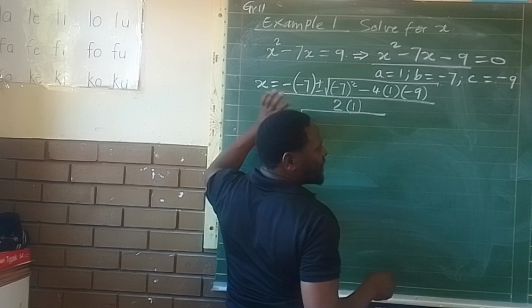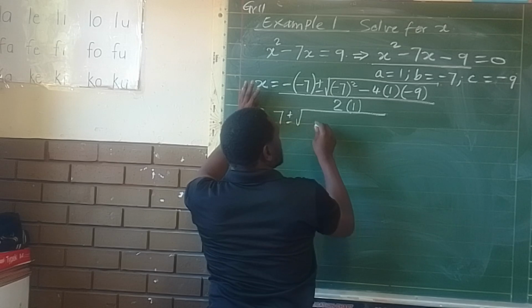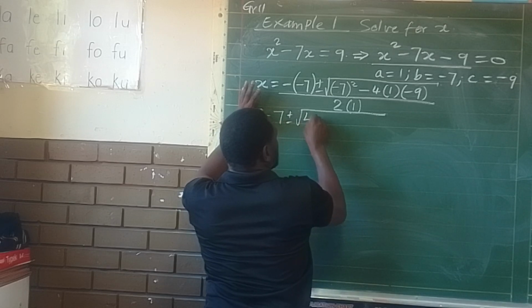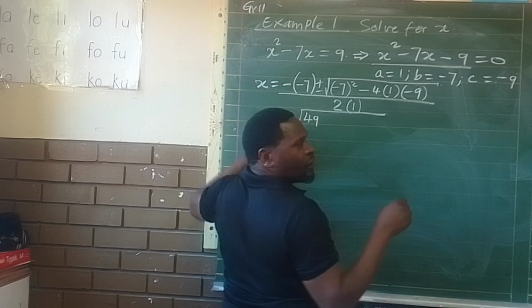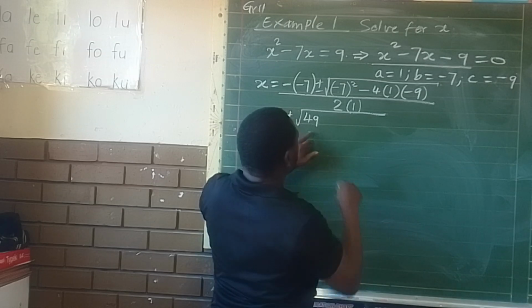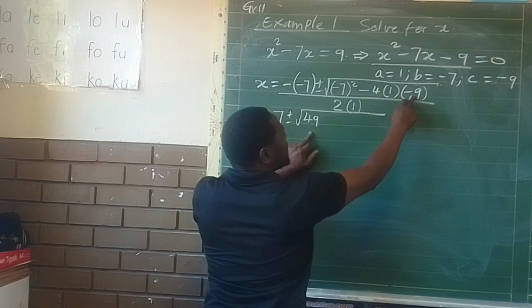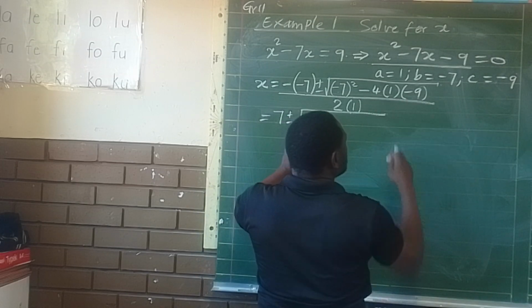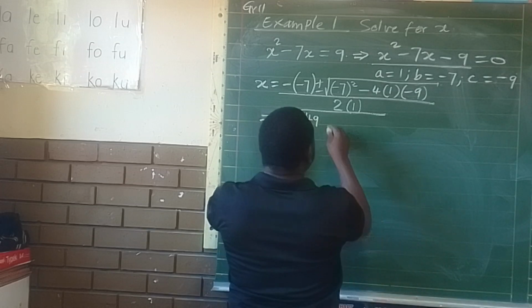minus 7 squared. 7 squared is the same as 49. A negative times negative is positive. 4 times 9 is 36.